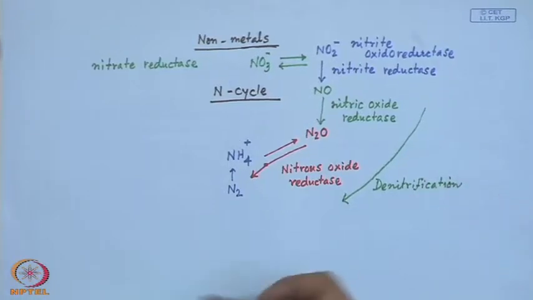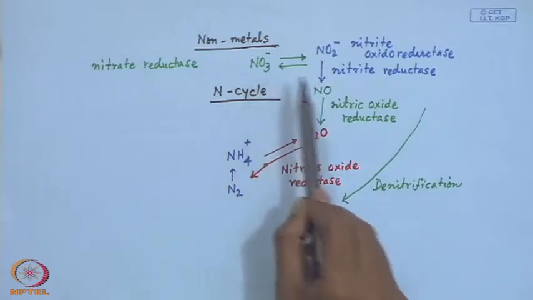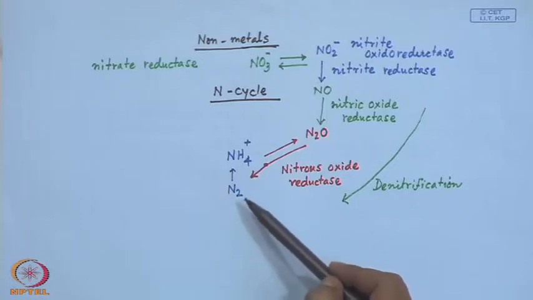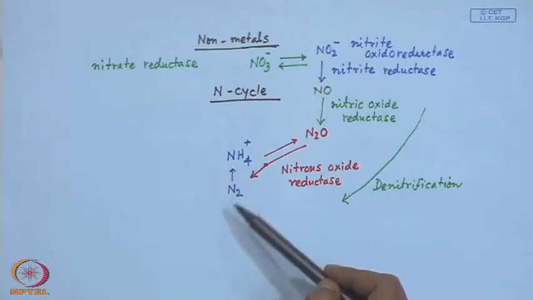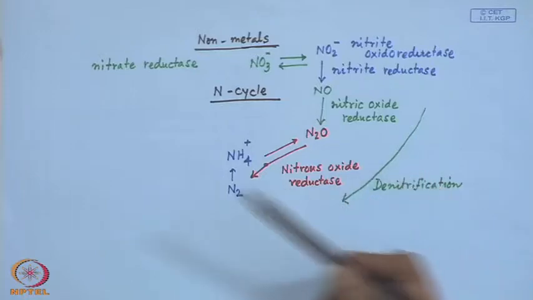So, this denitrification reaction is basically important. If we have in our system the accumulation of nitrate anions, we can go for the formation of nitrogen gas. So, we get this through the denitrification reaction.